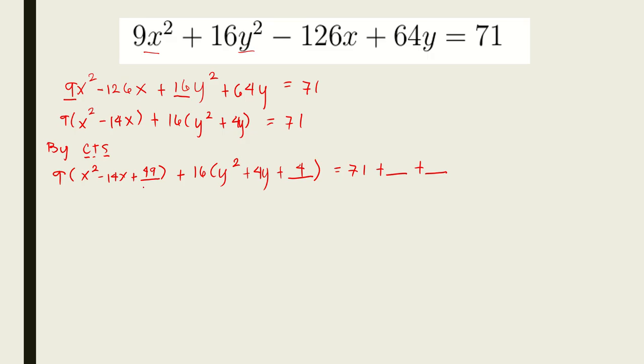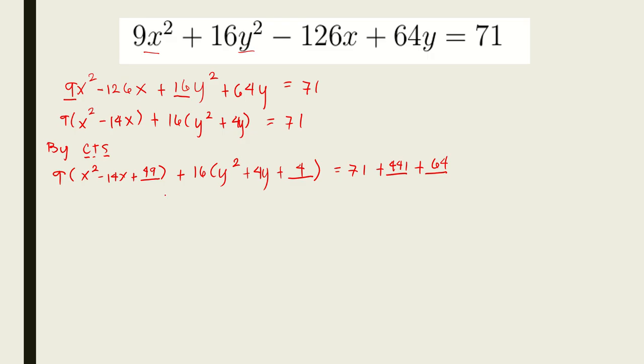Yes, we know that we added 49, but you need to multiply it by 9. So 49 times 9 is 441. So you added 441 in the first blank on the right to make it equal. Also, you have 4 times 16, and we got 64.